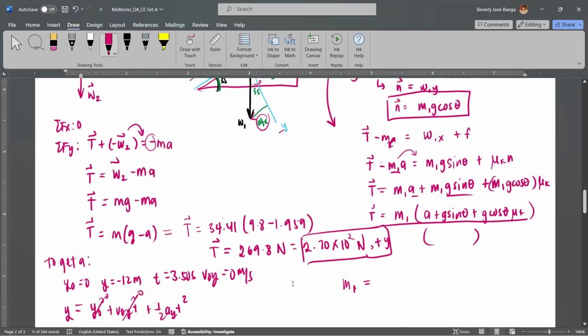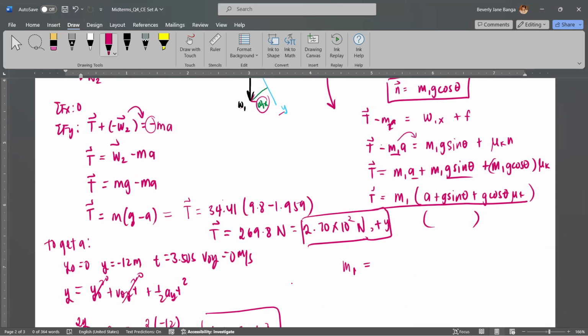Okay, so I don't know if I got the correct answer, but this gave me 25.002 kg. So M1 is simply 2.50 times 10 raised to 1 kilogram.